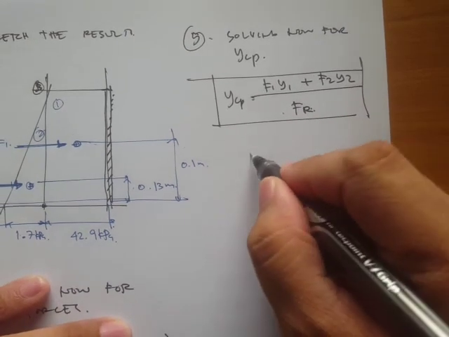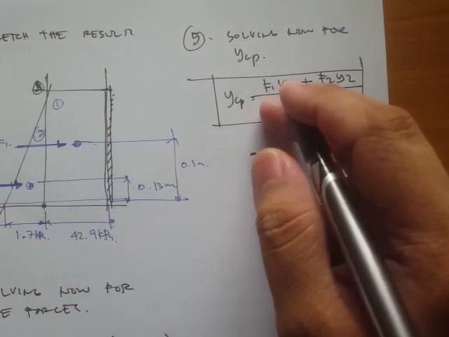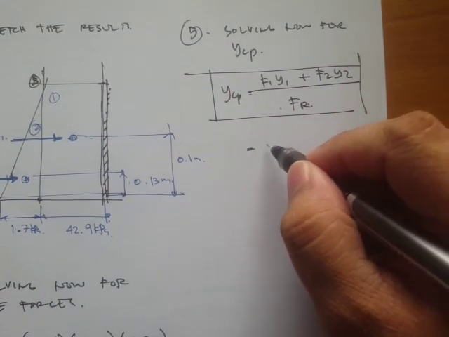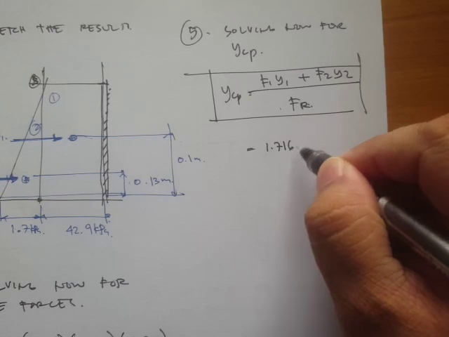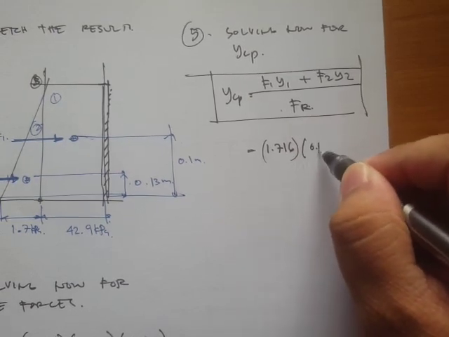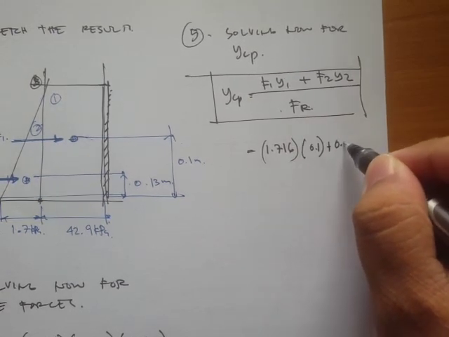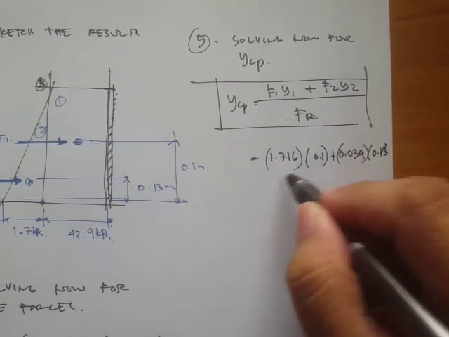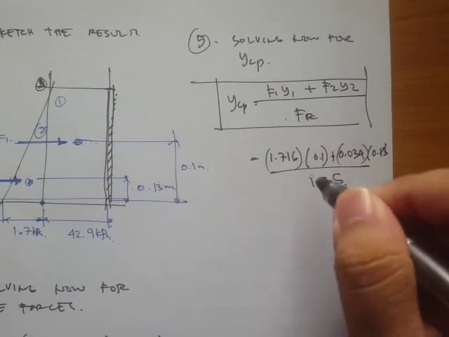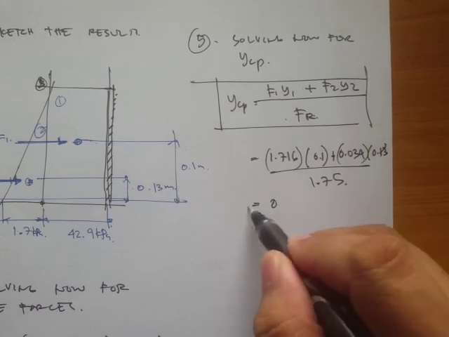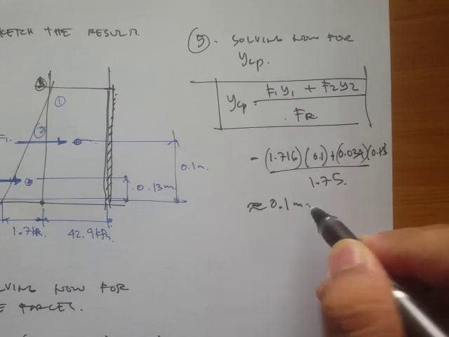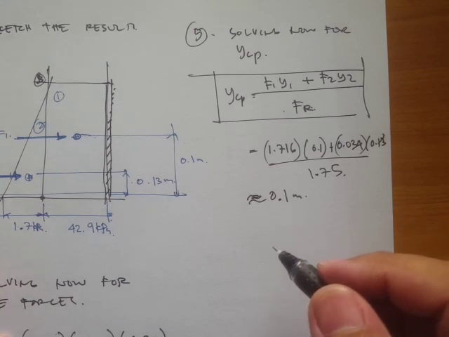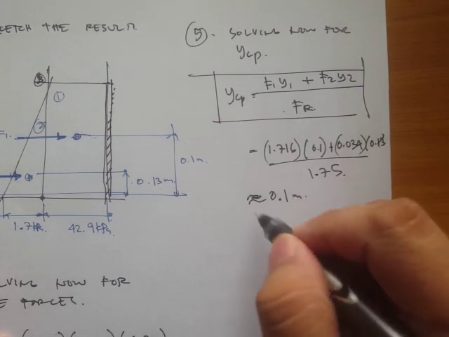So if you substitute all the values, you get 1.716 times 0.1 plus 0.034 times 0.13, then divided by 1.75, and you get approximately 0.1 meters.